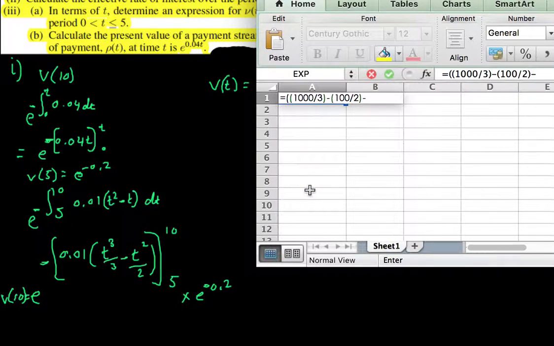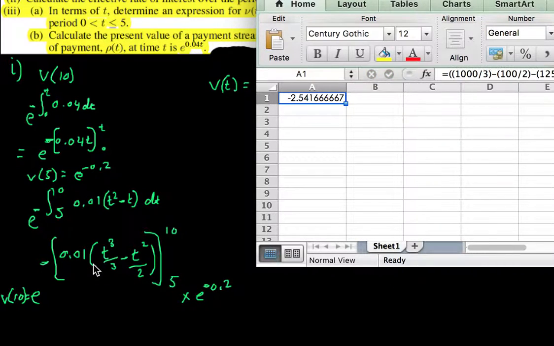So minus 125 divided by 3 plus 25 divided by 2, and I say plus because we're doing minus there. So there we have that, and I'll put that all inside of bigger brackets and multiply it by a negative 0.01.